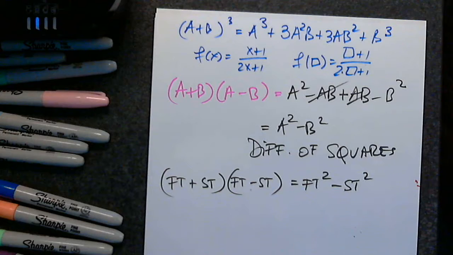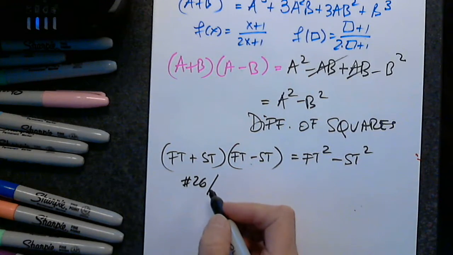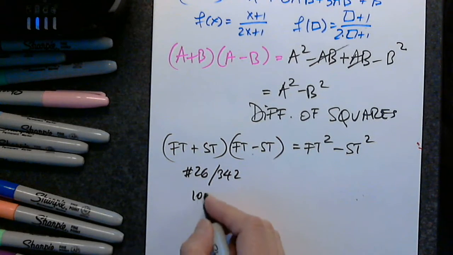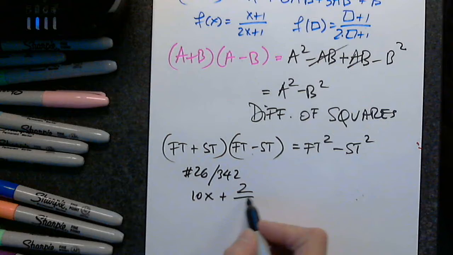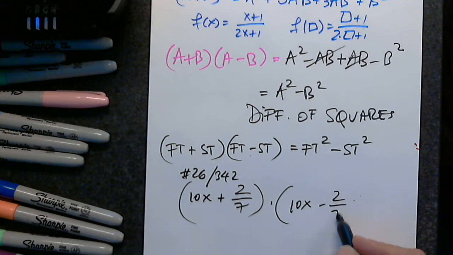Good. Examples now. 26 on page 342. So 10x plus 2 over 7 multiplied by 10x minus 2 over 7. Is a special product applicable here, I should ask?